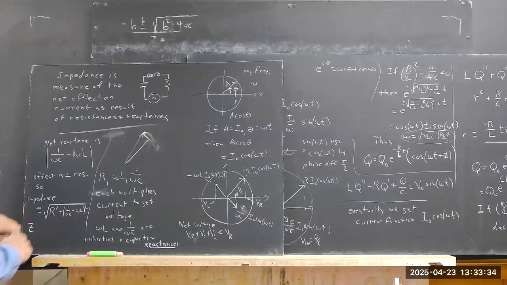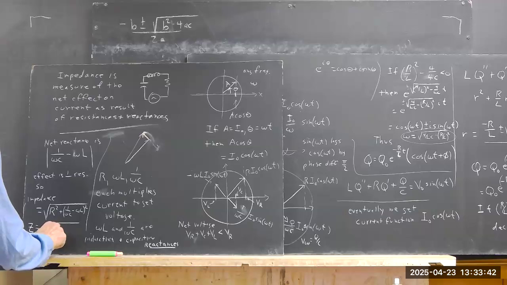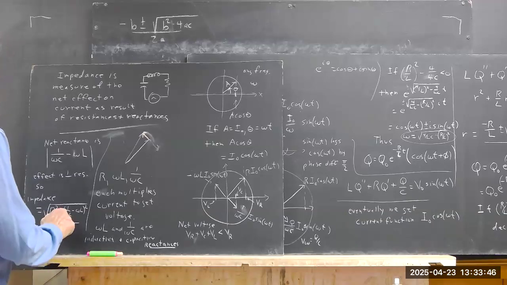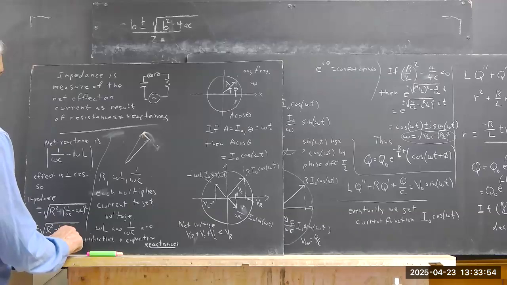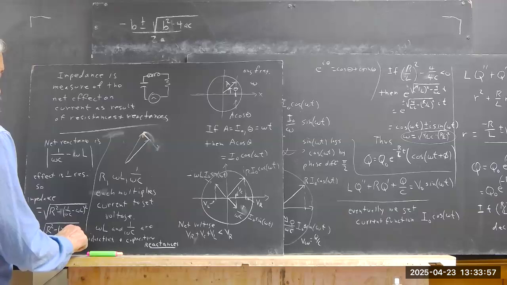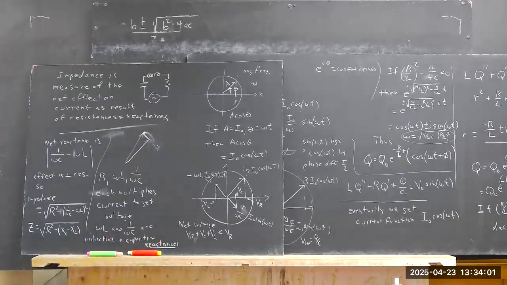In symbols, we use Z for impedance. So plus square.